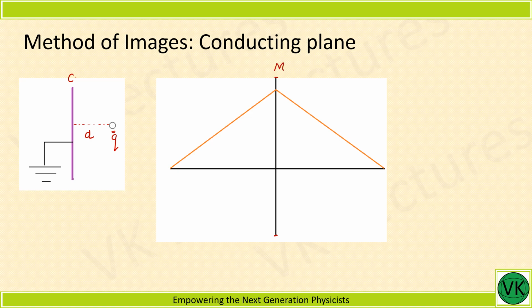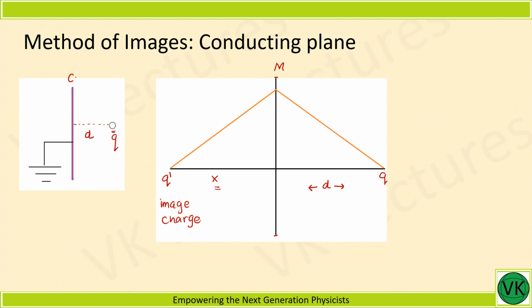Let's name it by M. Then here we have our charge Q, which is placed at some distance D. Now we need to find out the position of the image, that is Q dash, and X is the position, and the value of the image charge, not imaginary, it is image charge, and the position of the image charge. This is what we need to find.